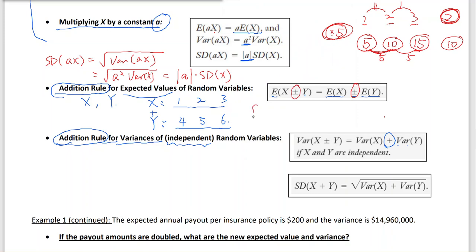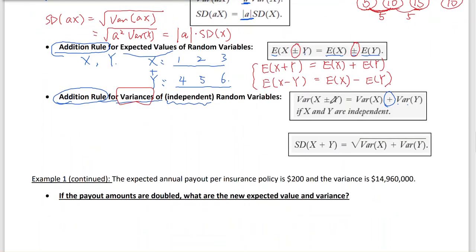For the expected value, it is plus or minus here, and also plus or minus there. That means we have two cases. We have the expected value of X plus Y: if these two variables add together, then you have the expected value of X plus the expected value of Y. The other way, if you have X minus Y, then you have the expected value of X minus the expected value of Y. But for the variance, if you have the variance of X plus or minus Y, the sign here is always plus because the variance is the square of the standard deviation.